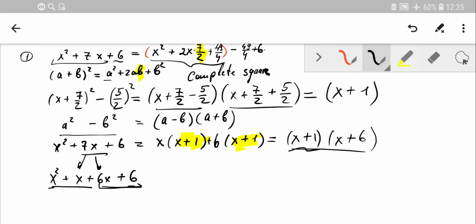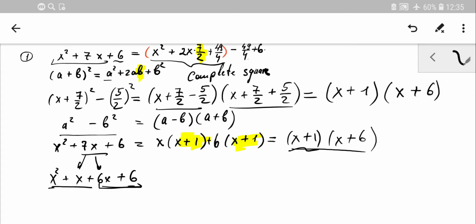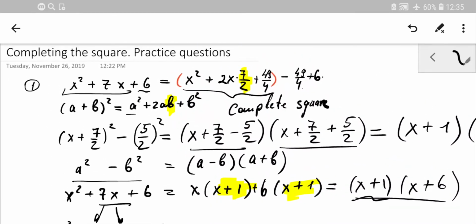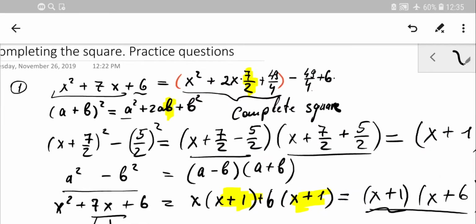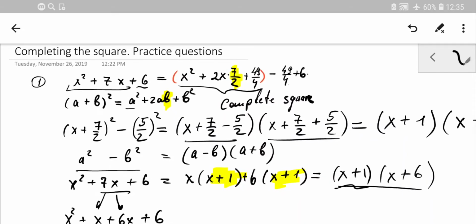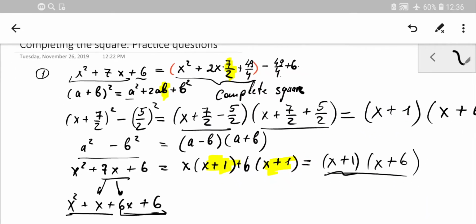That's how we get the first factor. And 7 over 2 plus 5 over 2 is 12 over 2, which is 6, so x plus 6. Now you see they're identical. But never apply complete square in order to factorize. So that's how you can use complete square and how you can convert into complete square form if you are asked to do so.